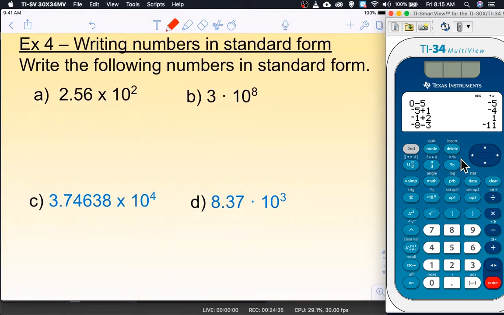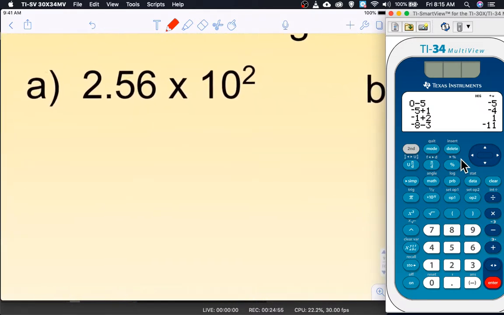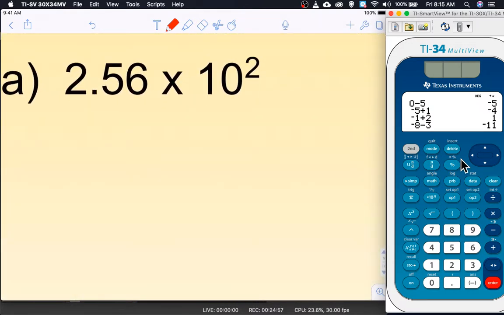Example 4. This skill is now being able to go from scientific notation back into standard form. So we want to have no power of 10 left. We want to have commas and lots of zeros if that's what the problem calls for. Okay, so the way we're going to do this is basically the reverse of what we were doing before.